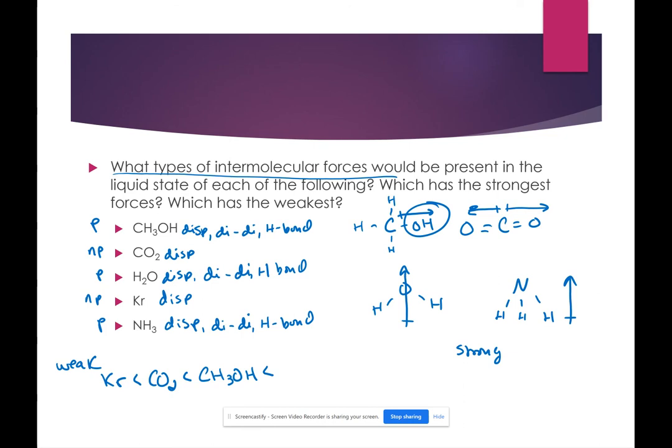And so again, this goes back to what's a more polar bond? Is an NH bond more polar or is an OH bond more polar? An OH bond is more polar. There's a bigger electronegativity difference, and so that's going to be a stronger hydrogen bond. So it's actually going to go NH3 because that's a little bit weaker than the strong dipole in the water molecule.